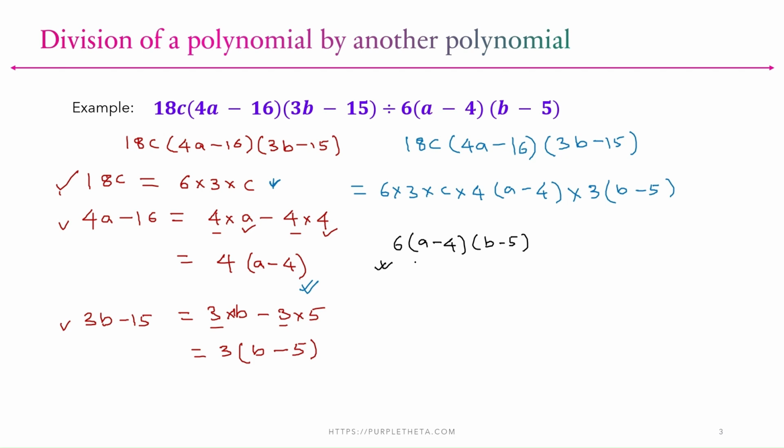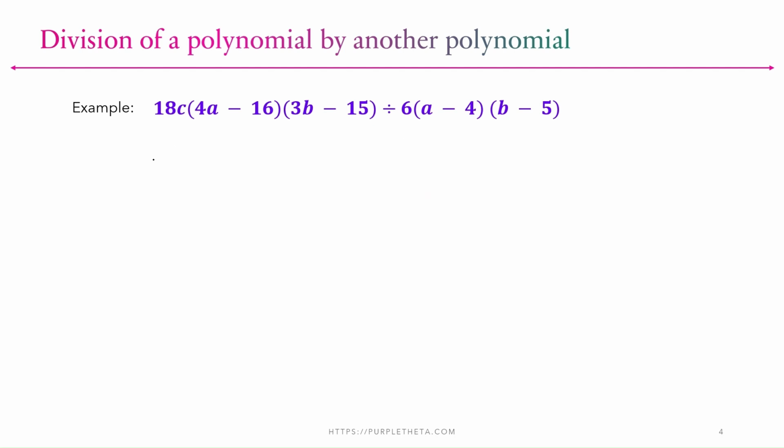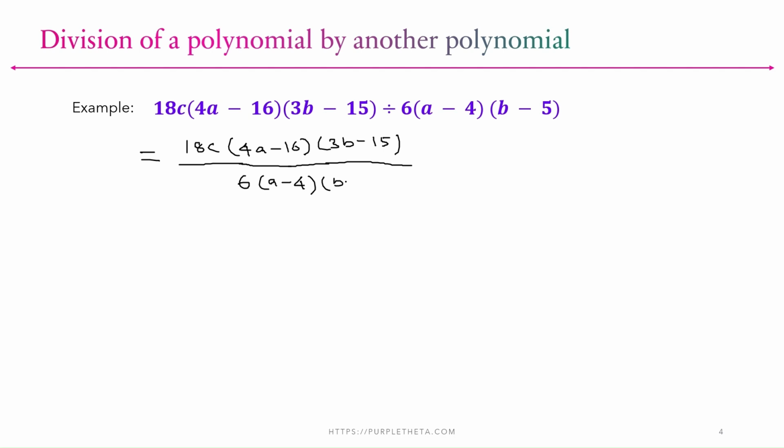For that I have to write this division in numerator and denominator form. Let us see it on the next slide. This is equal to, first I will write the numerator, then a line to represent division, then at the denominator's place we have 6, in a bracket a minus 4, in the second bracket b minus 5.